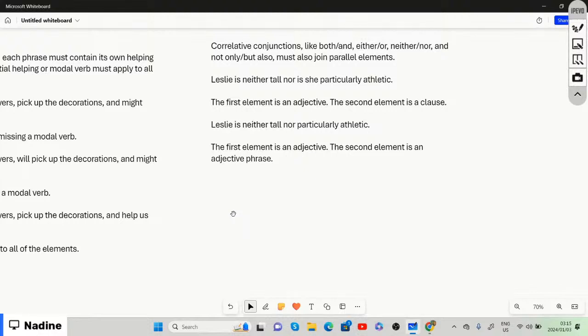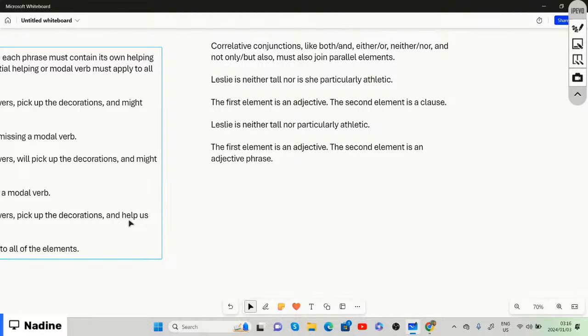And the first element is an adjective. So basically, the first element, we said, is an adjective, meaning that we can identify adjectives within that clause.